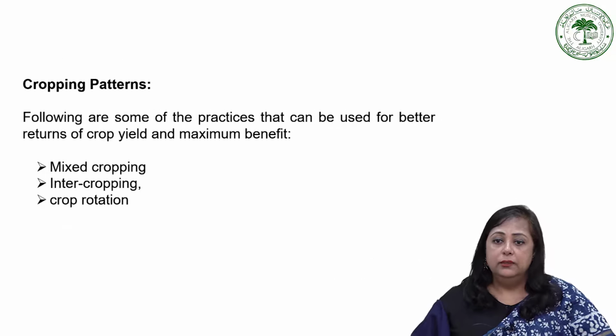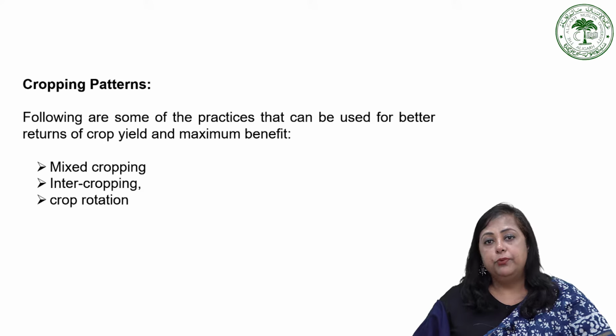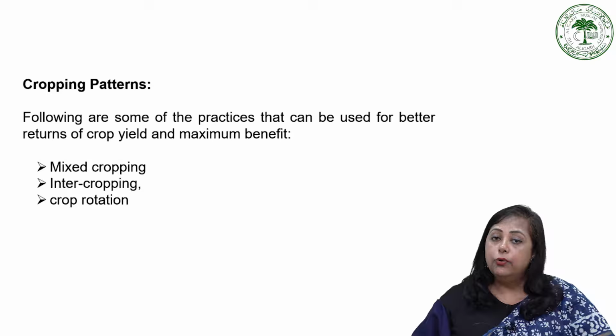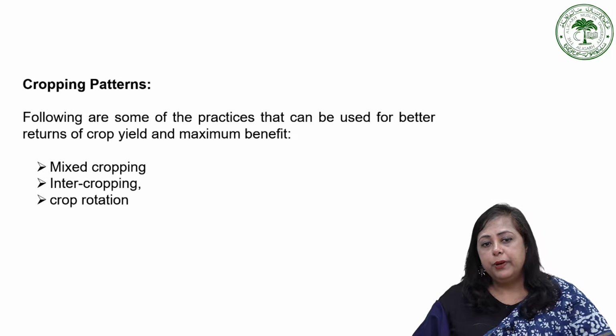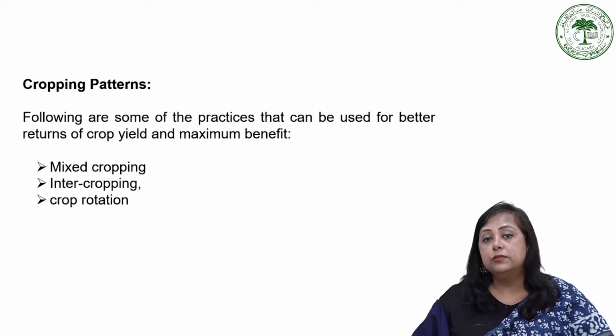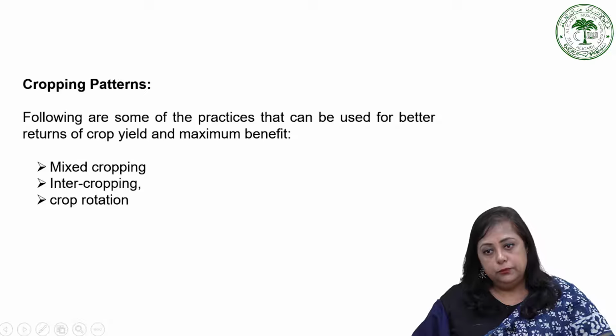Cropping pattern is again one of the important factors. Nowadays, the cropping pattern is not being followed religiously as we used to do earlier. There are three different kinds of cropping pattern: mixed cropping, intercropping, and crop rotation. These are the three practices which improve the quality as well as the quantity of the food.